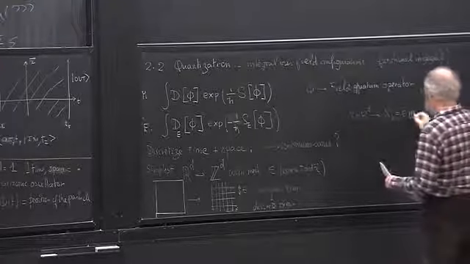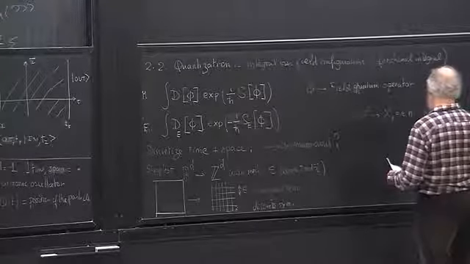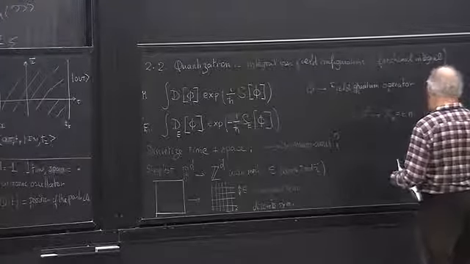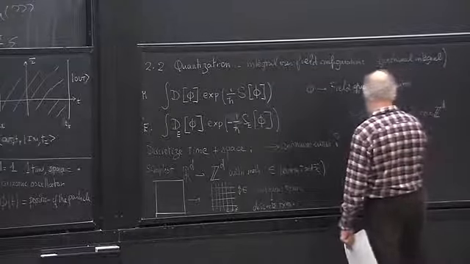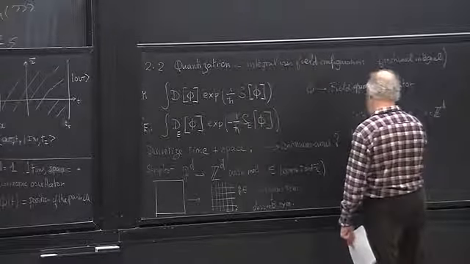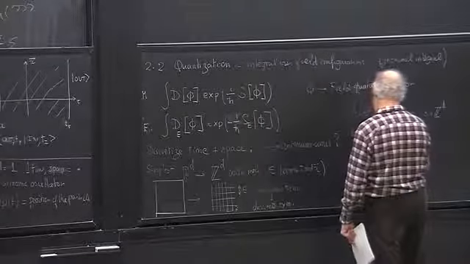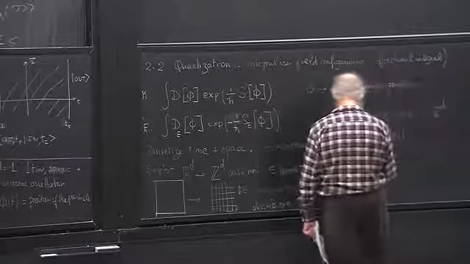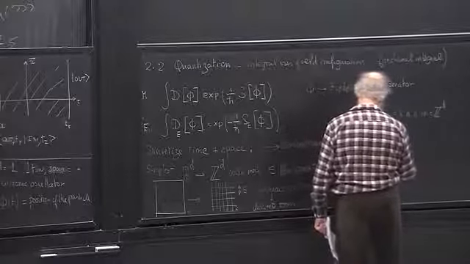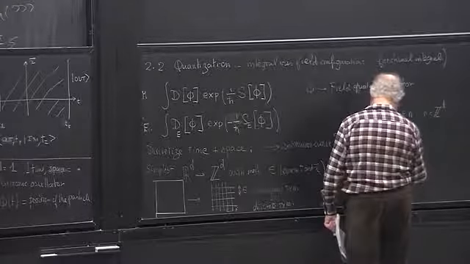So n is a vector, so n is a point in Z^d. So it's an integer coordinate. So you can write n as n0, n1, up to n_{d-1}; this is time, this is space. Okay.